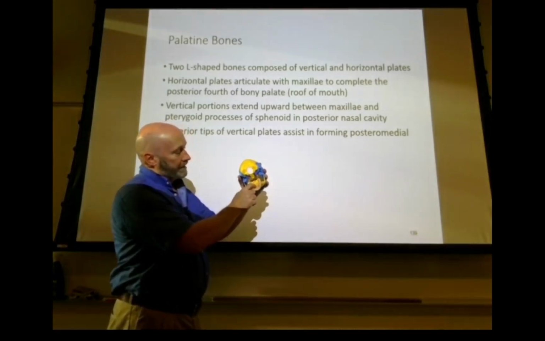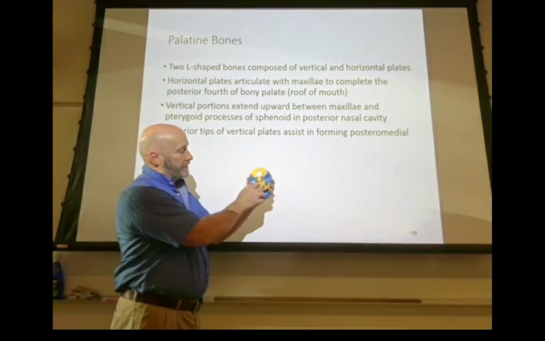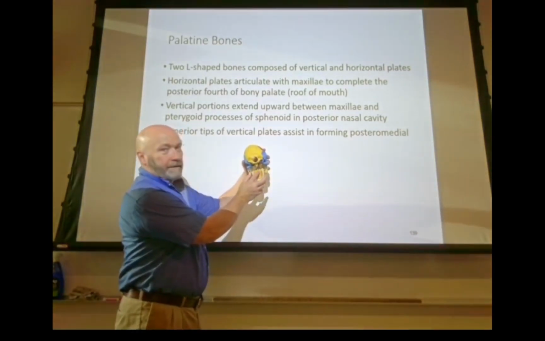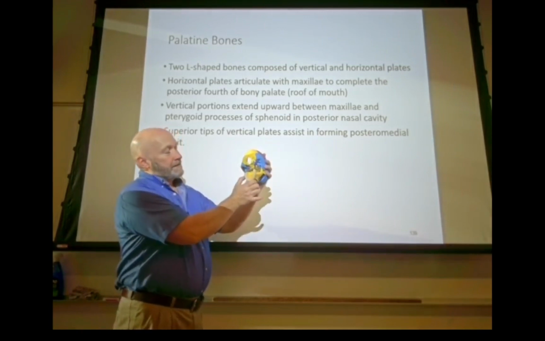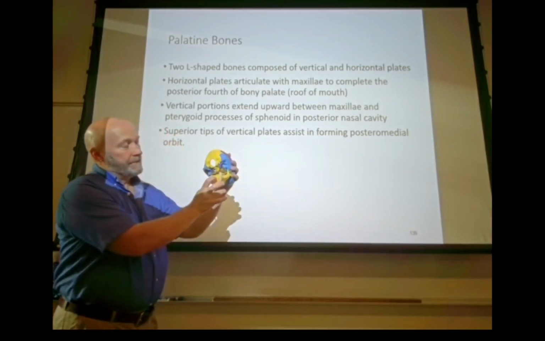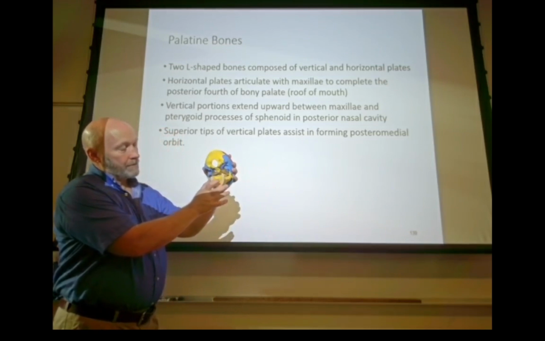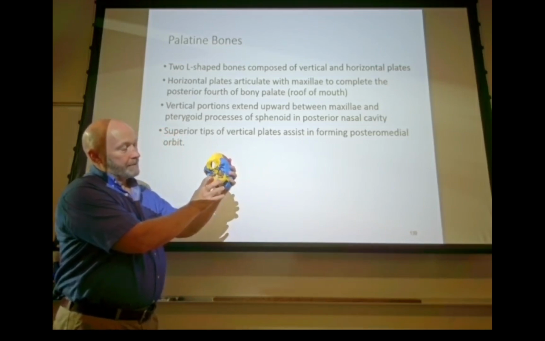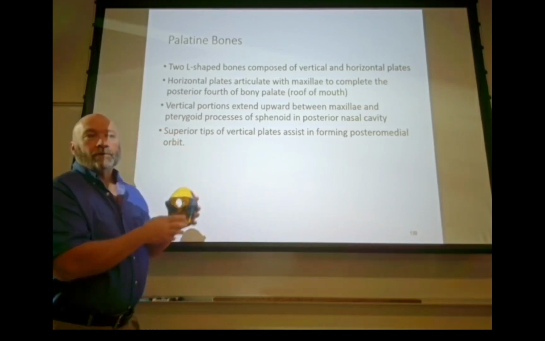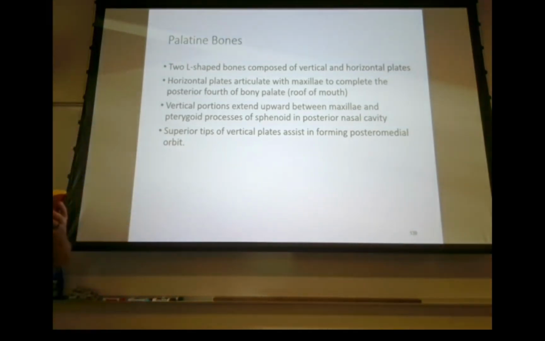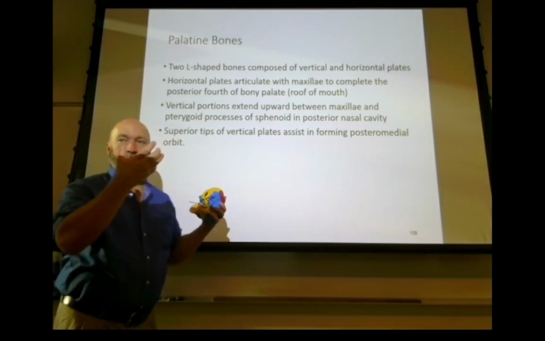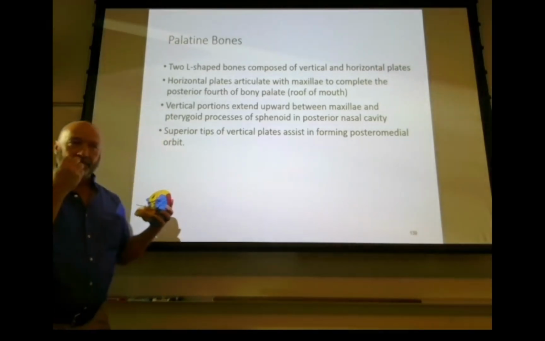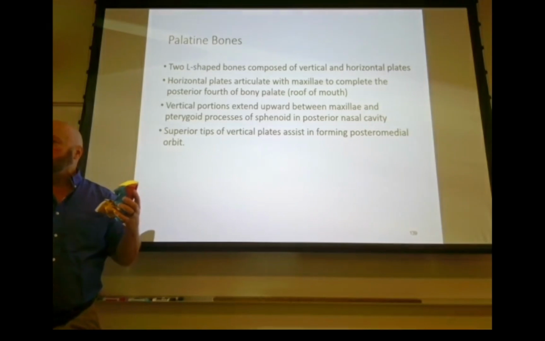So we've got kind of a darker, duller appearing yellow, and then kind of a bright yellow there. Okay, can you kind of see that? All right, so that's the difference between the horizontal portion of the maxilla, and then you've got the palatine bones here.